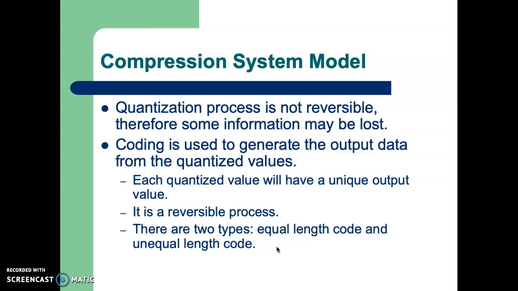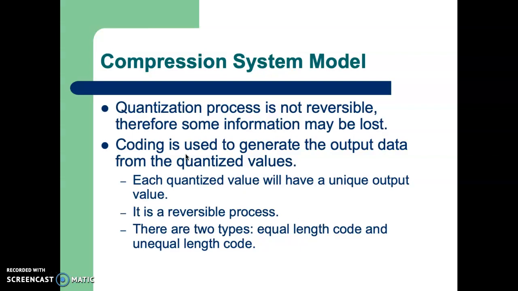So this one, coding is used to generate the output data. So lastly, when you do the compression technique, you will do the coding. Coding is where you will generate the output. So it depends on the technique that they use. Okay, so if you use, for example, a dictionary technique, you will generate the dictionary.